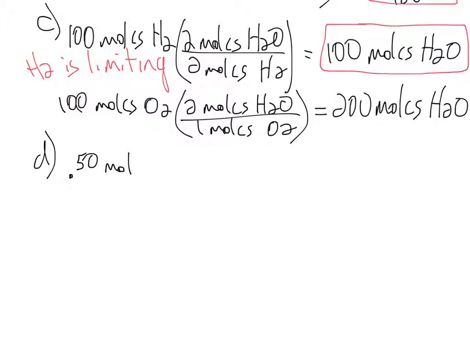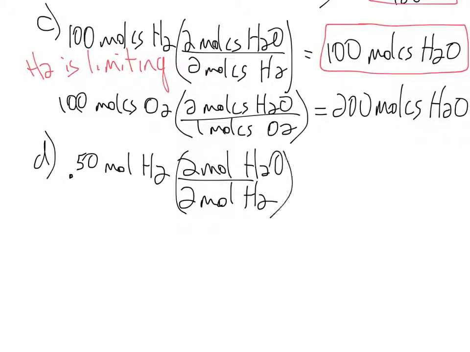So they give us 0.5 moles of hydrogen, and just like before, 2 moles of hydrogen for every 2 moles of water. You'll end up with the same number of moles of molecules of water as you had moles of molecules of hydrogen that reacted.